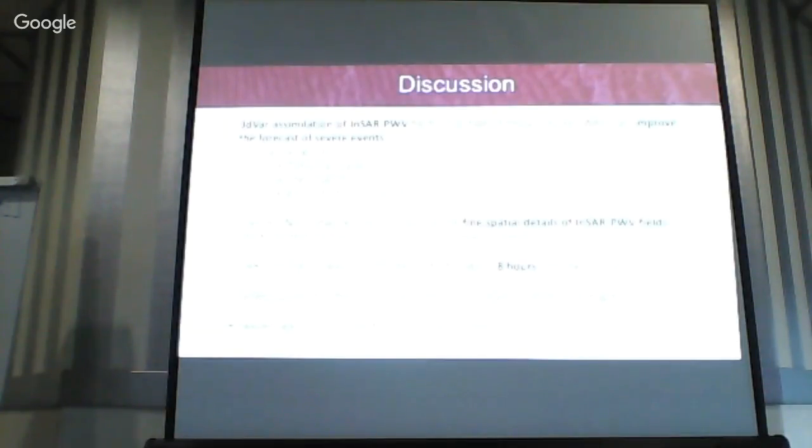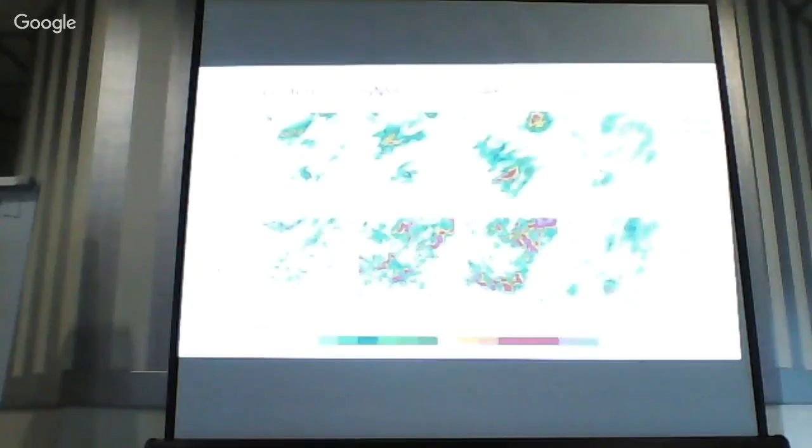Yes, allow me. Looking at the second event, maybe there is too much humidity on the northeastern side with respect to other observations. This is precipitation, not humidity. Yes, but I mean there is too much. I would say that radar data should be... This is radar.